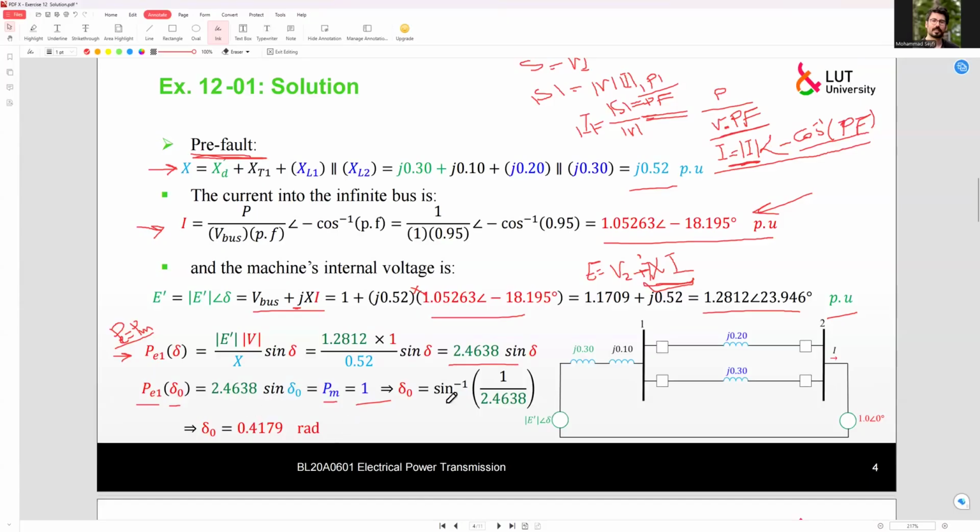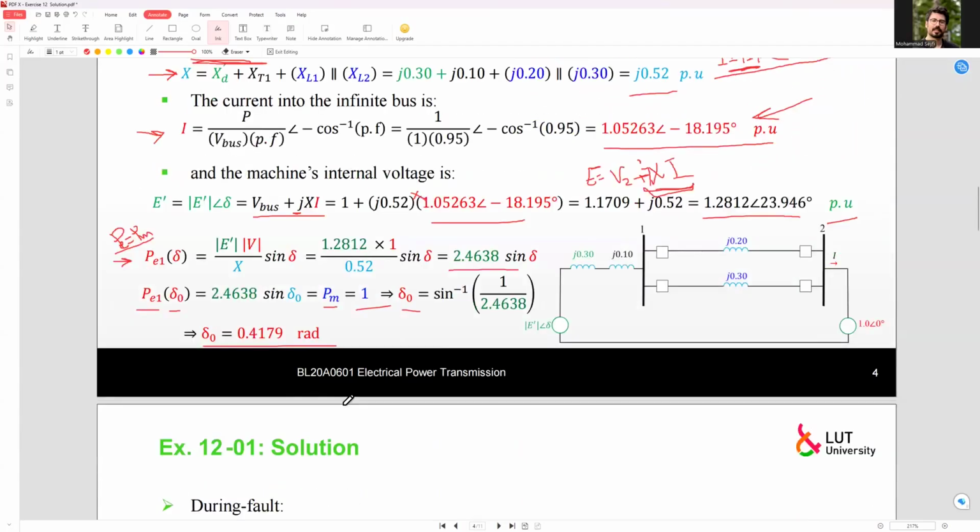So delta 0 can be easily calculated, and it would be delta 0 equal to 0.41 radian. So we calculated delta 0, which is the delta we have in the pre-fault condition.